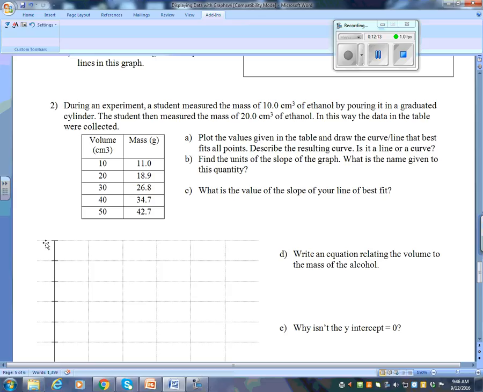When I say curve, a line is a straight curve. Oh, those are just the points. And a gentle reminder, should you connect the dots? No. Do not connect the dots.